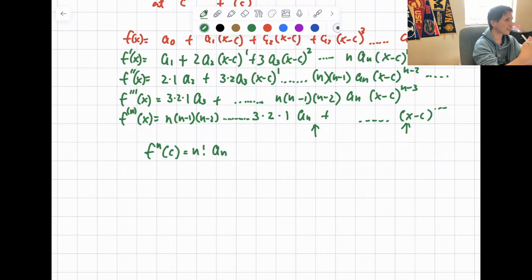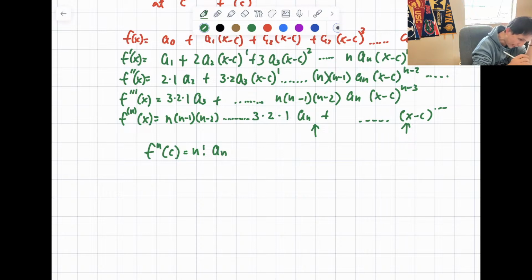And then we start seeing the pattern as it goes. So we predict a general term called the nth derivative. Not only do we take an nth derivative, we plug in the value of c in there. And this is the idea of how they generalize the Taylor form of Taylor series.